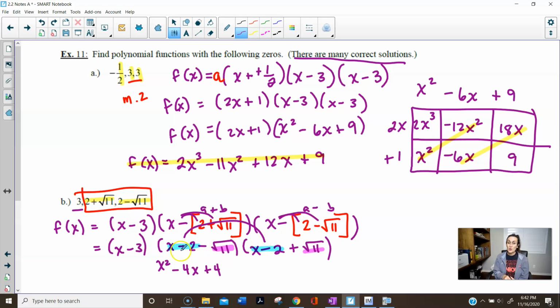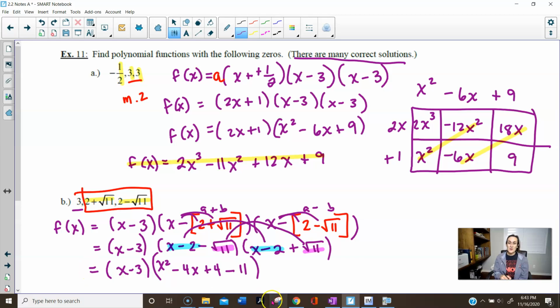Now, the cool thing is because this is an A minus B and an A plus B, the outsides and the insides are going to cancel each other. So now all I have to do is last times last. And a negative times a positive is a negative. The square root of 11 times the square root of 11 is 11. And that is going to be multiplied by the x subtract 3.